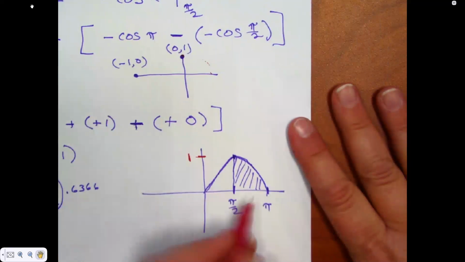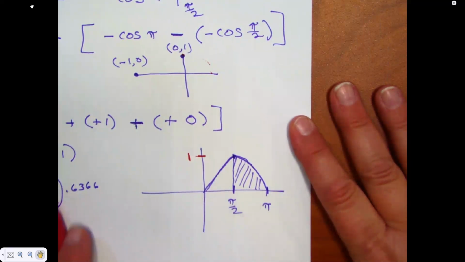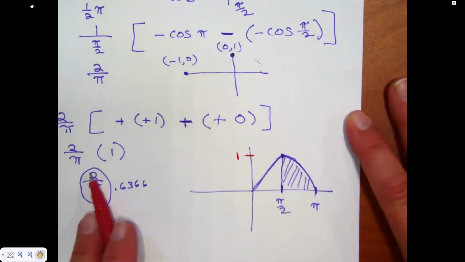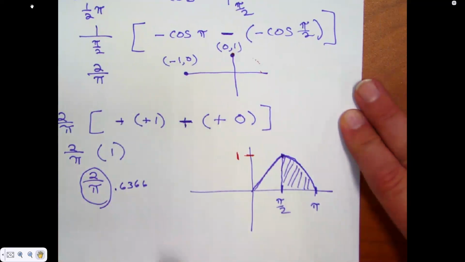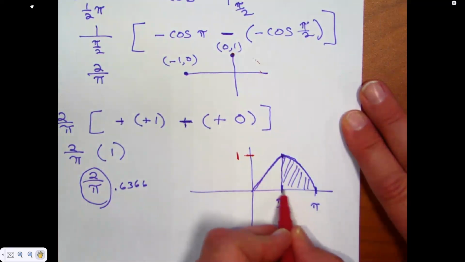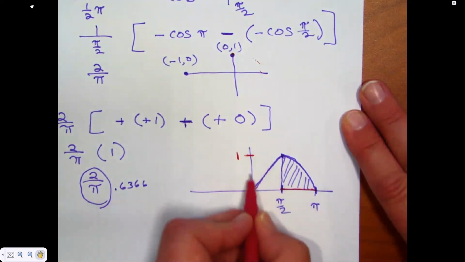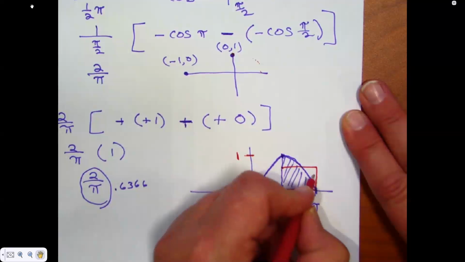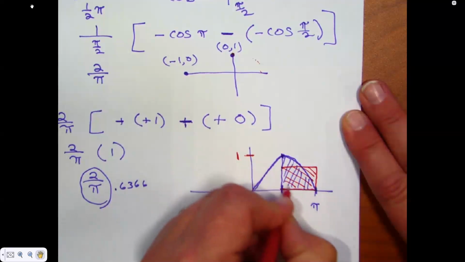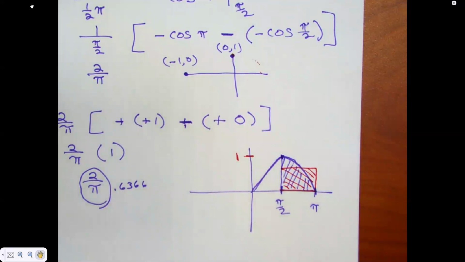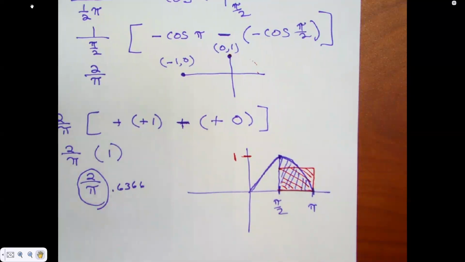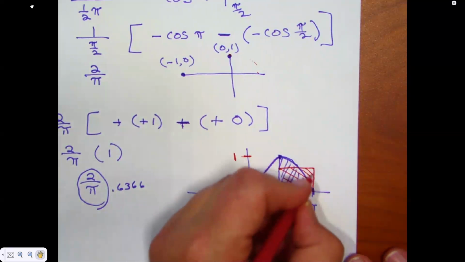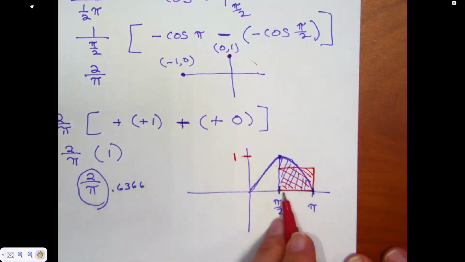Okay? And so our red rectangle has a height then of 2 divided by pi, which is like 0.6. So my rectangle, and remember I'm going from pi over 2 to pi still. So what do we know about that blue area and that red area? Those are the same. And this red has a height of, we know its width.